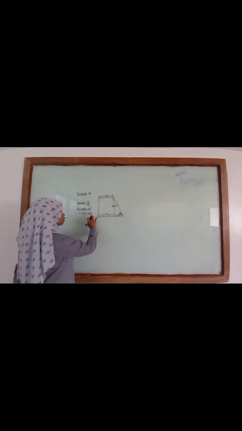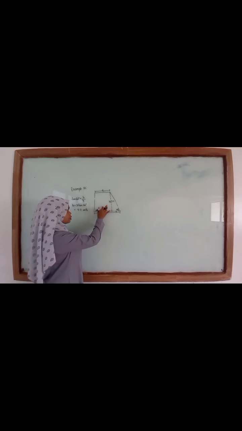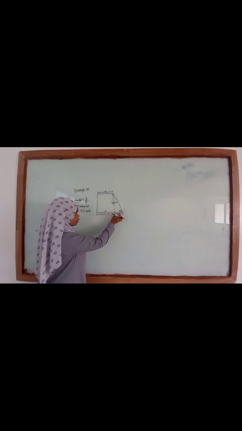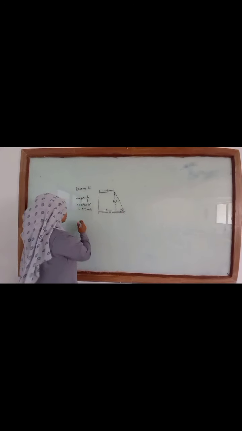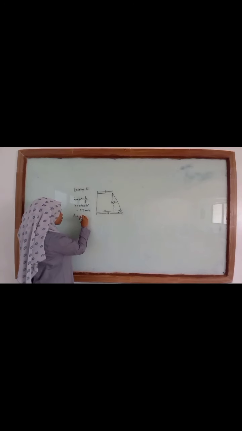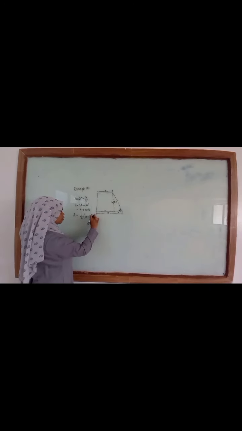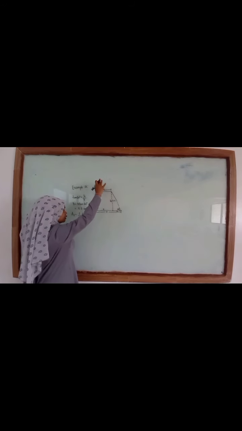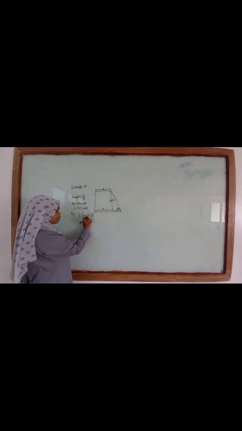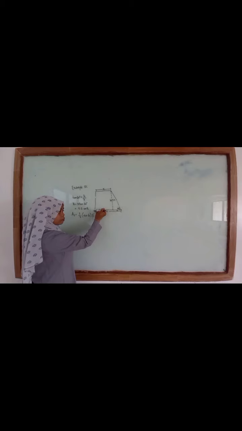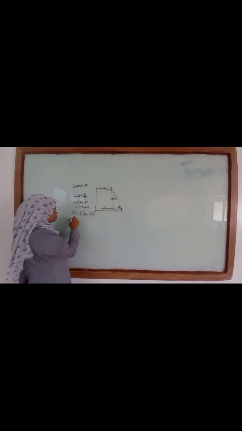Since we are looking for the area of the trapezoid itself, we will use the 11, not just the 3. The area of the trapezoid is given by the formula 1/2 (a plus b) times h. The a is the base on top, which is 8, and the b is the side at the bottom, which is 11.